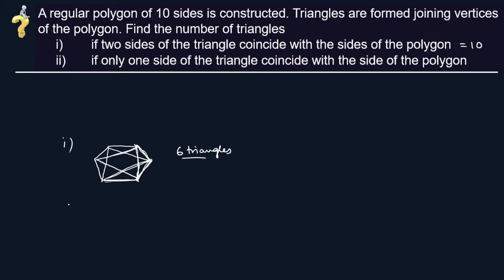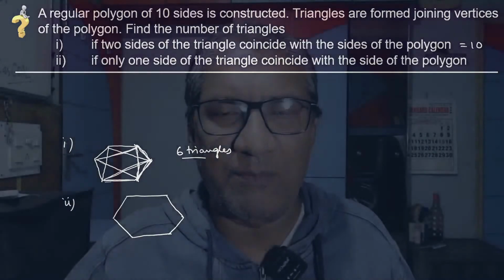Let us consider number 2. What is that? If only one side of the triangle coincides with a side of the polygon. Again, we will take a hexagon. Now what is the question? If one side of the triangle coincides with a side of the polygon.